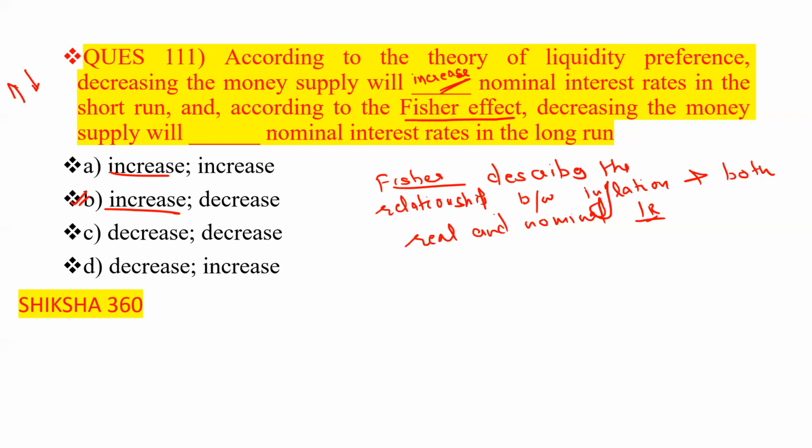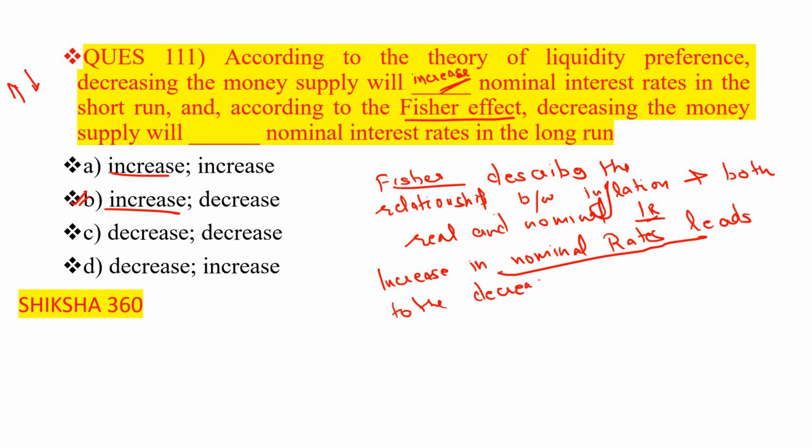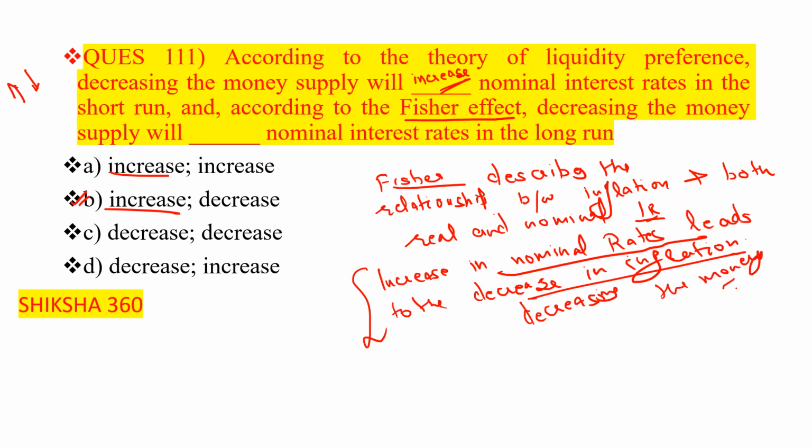And it further says that if there is an increase in the nominal rates, it leads to a decrease in inflation. Here, a decrease in inflation we can say is decreasing the money supply.